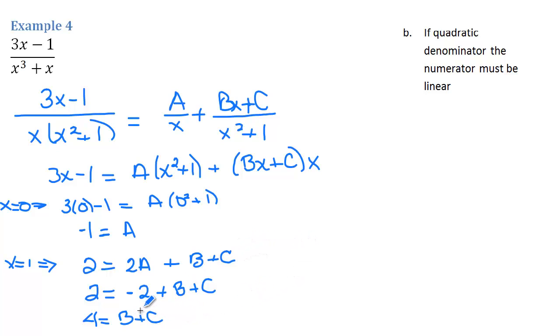So one more substitution should help get us to the point where we can eliminate a b or a c. So let's let x be negative 1. Still a small number, should make it a little bit easier.